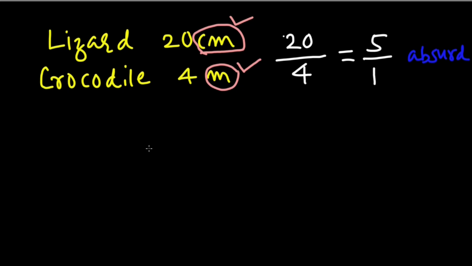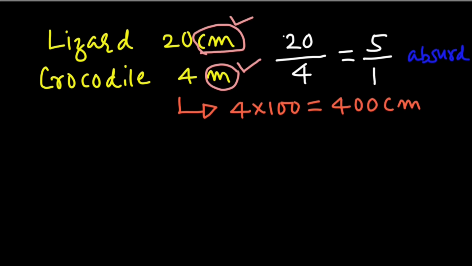So here we have to convert this 4 meters into centimeters, which will be 4 multiplied by 100, that will be 400 centimeters. Now the units of measurement of length of lizard and the crocodile are the same.